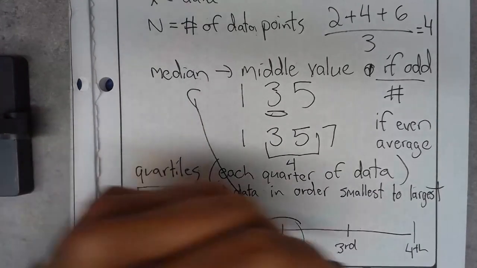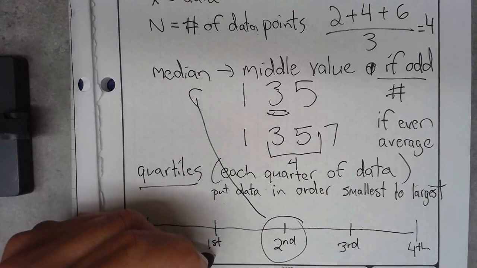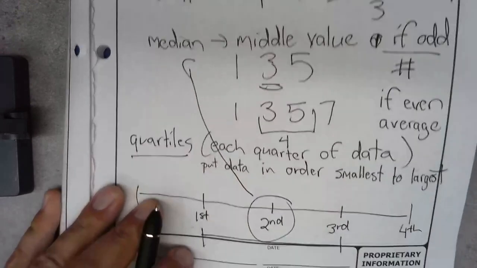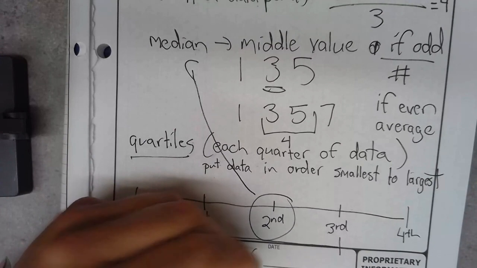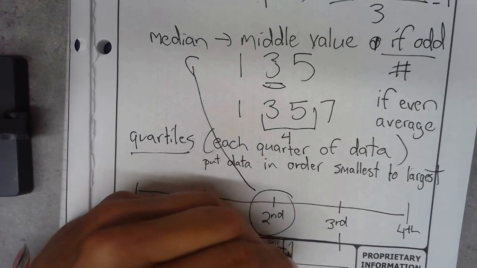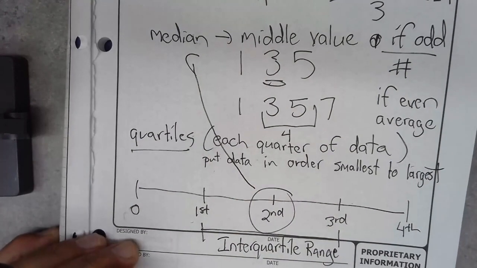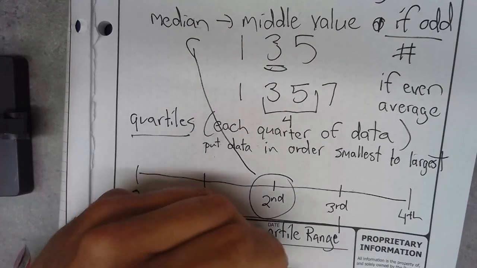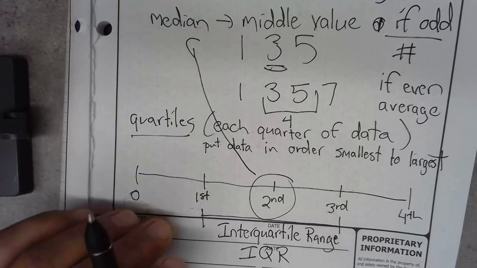The first quartile and the third quartile, going between here and here is called the interquartile range. All right, so the interquartile range, often noted as IQR. All right, I'm going to flip the page.